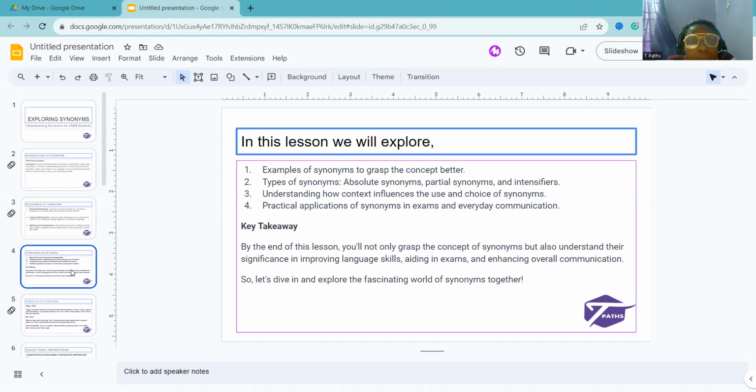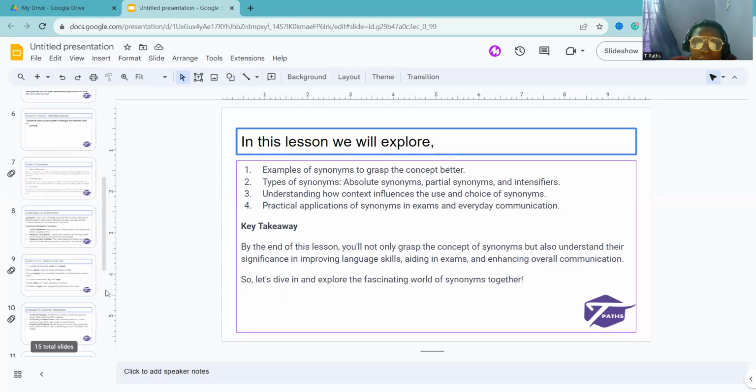The fourth thing is practical applications of synonyms in exams and everyday communication. Takeaway: by the end of this lesson, you will not only grasp the concept of synonyms, but also understand their significance in improving language skills, aiding in exams, and enhancing overall communication. So let's dive in and explore the fascinating world of synonyms together.